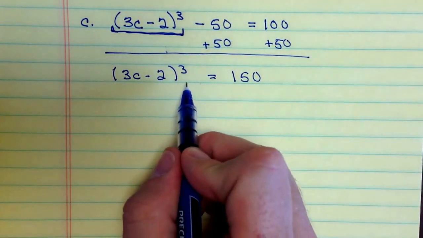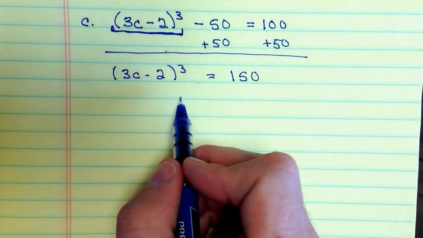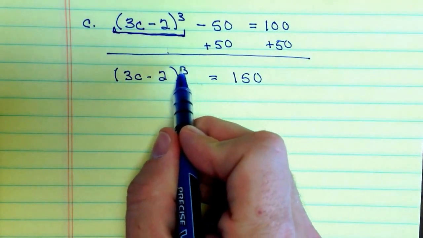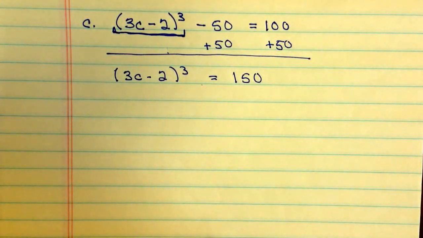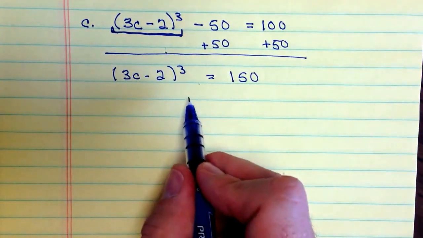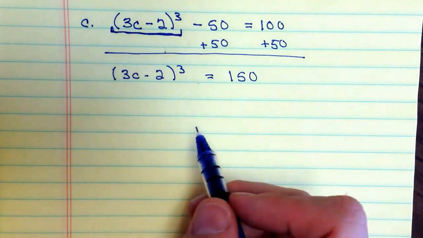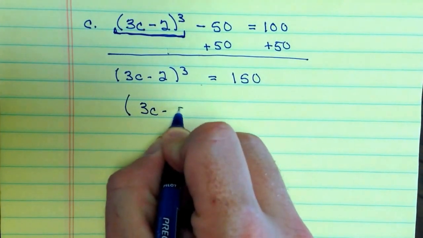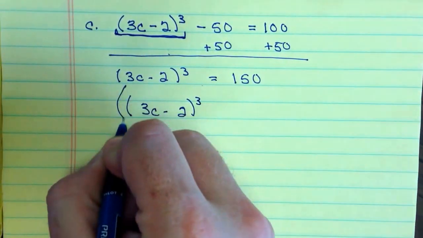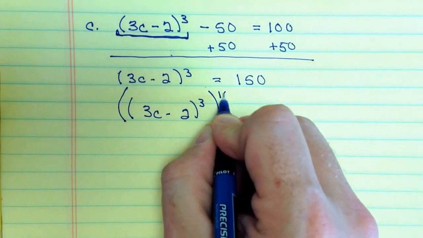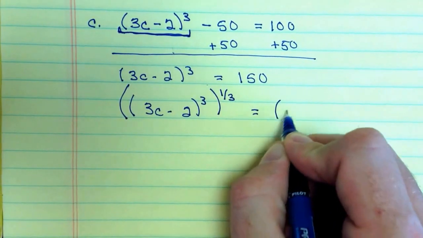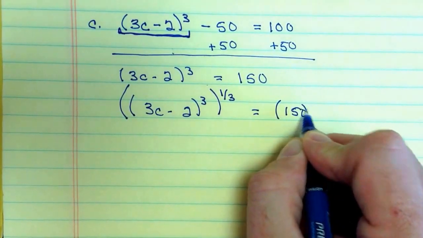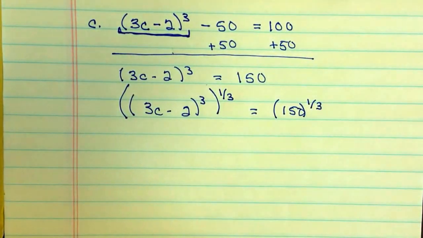Okay, now what do you think the next step is? Well, to undo this exponent, we need to raise each side by the same power. And that power needs to be whatever I need to multiply 3 by to get 1. Well, that's going to be 1/3. So we have 3c minus 2 cubed, now I raise the left side to the 1/3 power, equals 150 to the 1/3 power.